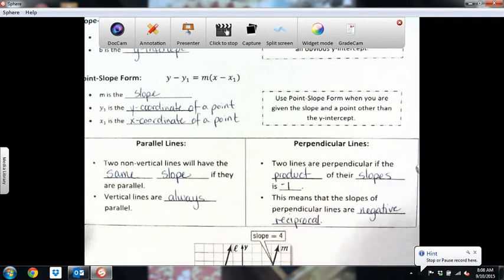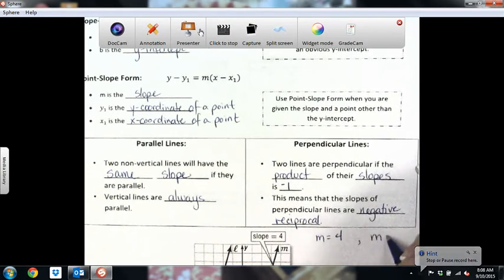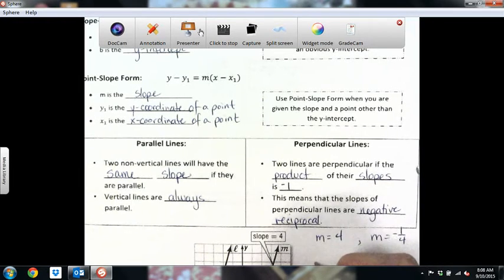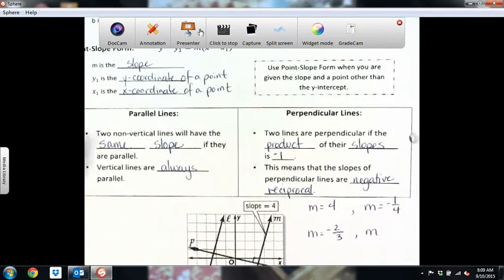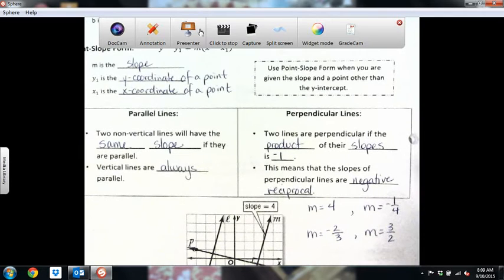So for example, if I have a slope of 4, the slope of the line that's perpendicular to that would be negative 1/4. I flipped it over. Similarly, if I had a slope of negative 2/3, the negative reciprocal of that, or the slope of a line perpendicular to that line, would be 3/2. So I'm taking the reciprocal of the fraction and I'm changing the sign.